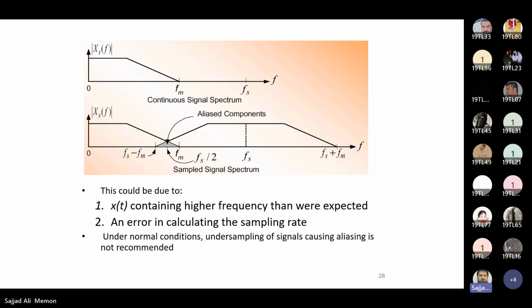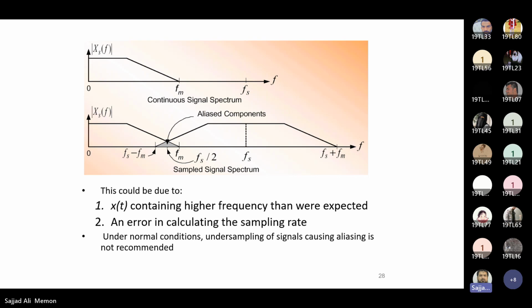But the other one says that x of t, your analog signal, contains a higher frequency component than was expected. It means you were expecting a signal x of t containing 4 kilohertz as the highest frequency component. So you sampled at 8 kilohertz or maybe 8.5 kilohertz, but there was one frequency component at 4.5 kilohertz.